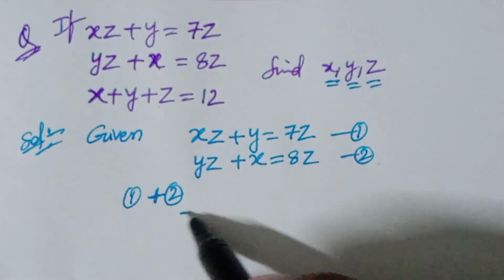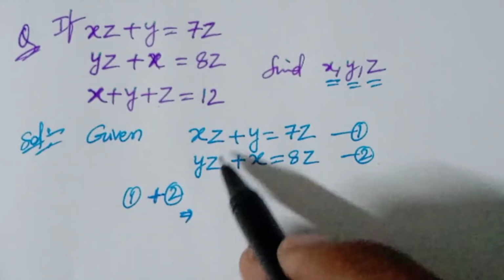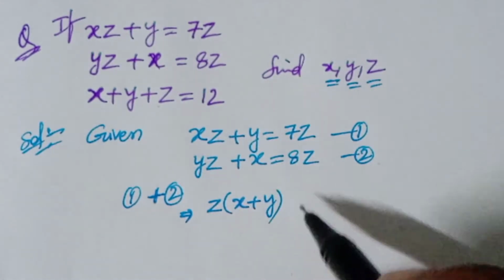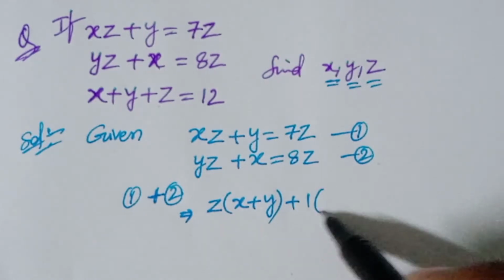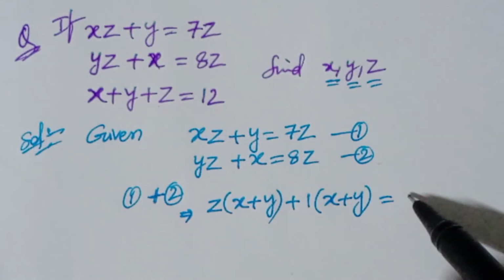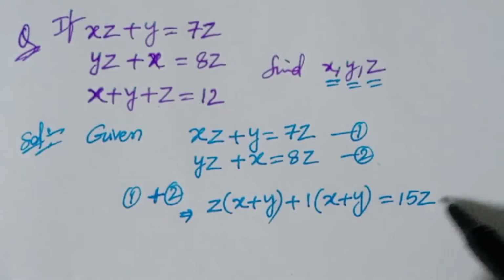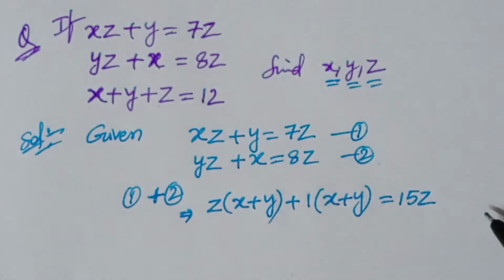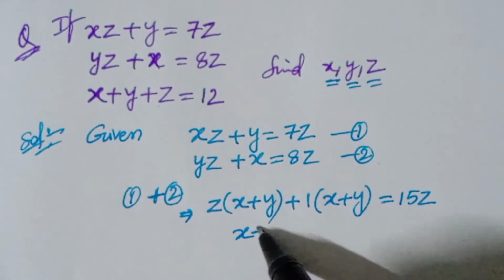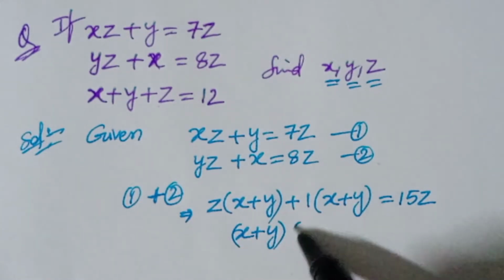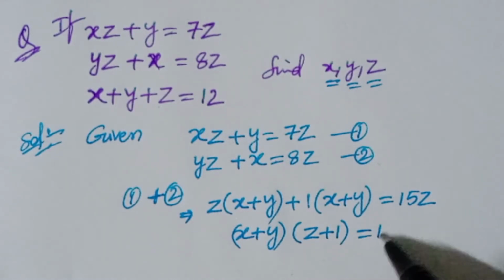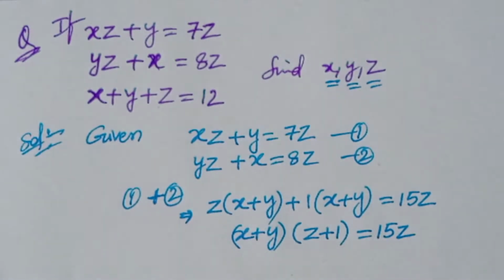When you add 1 and 2, z is common: z into (x plus y), and 1 you can take common, x plus y, is equal to 15z, adding 7z and 8z. So you can take x plus y common: (x plus y) into (z plus 1) is equal to 15z.